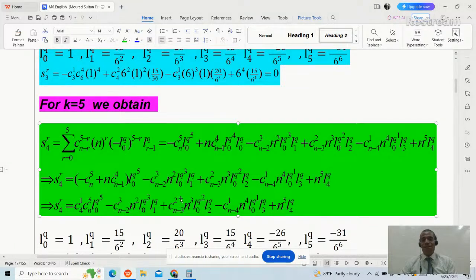We said there is no change in it, it is the same as that. Now learners, after simplifying the value of the discriminant formula of Mr. Mourad Sultan Ezouidi, when k equals 5, I obtain this one. I will use the last one to find the value of S4.